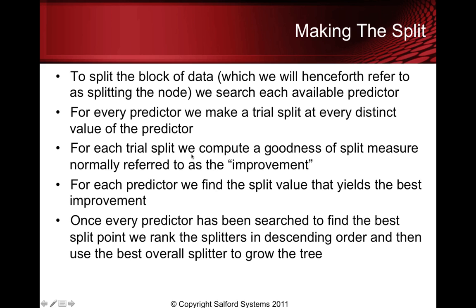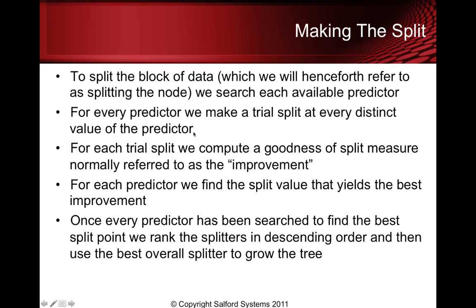So for each trial split, we compute a goodness of split measure, which in the CART terminology will be referred to as an improvement. For each predictor, we find the split value that yields the best improvement for that splitter if that was the only variable that was available to us.